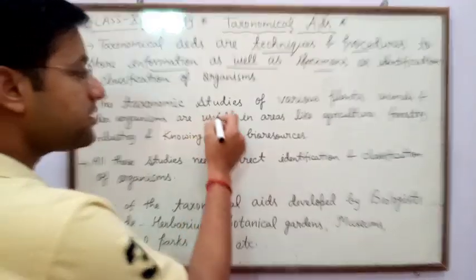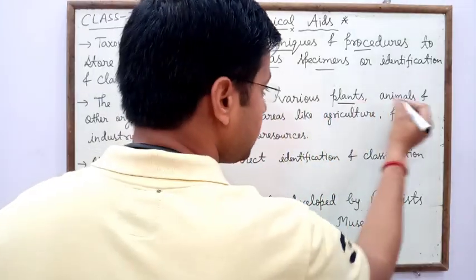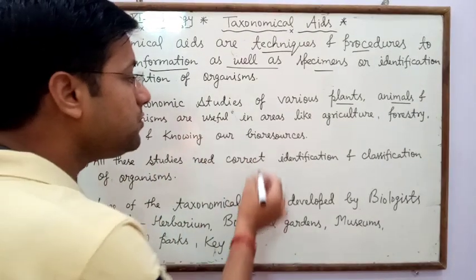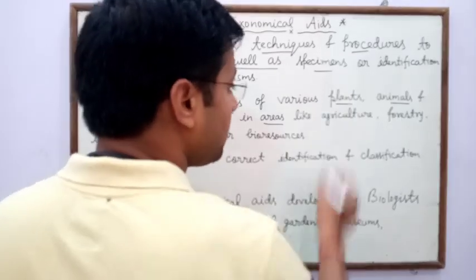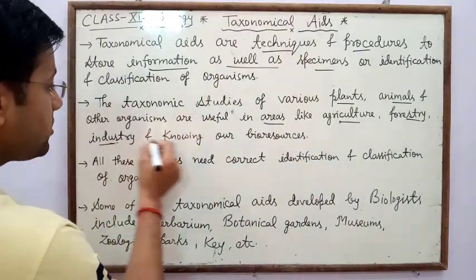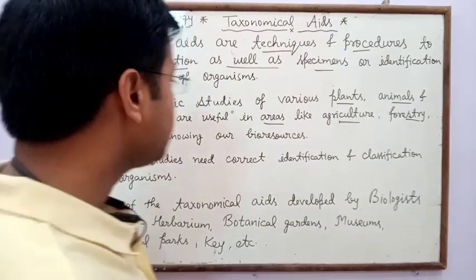The taxonomic studies of various plants, animals, and other organisms are useful in areas like agriculture, forestry, industry, and knowing our bioresources.